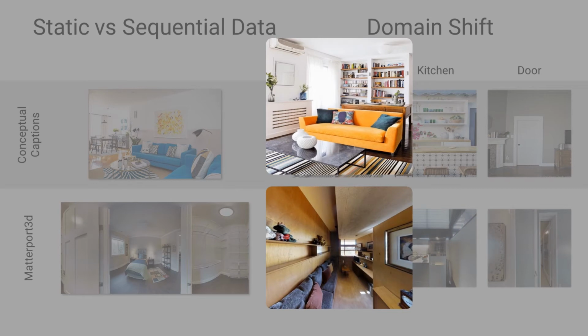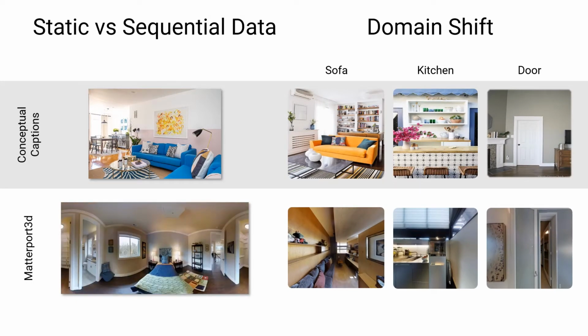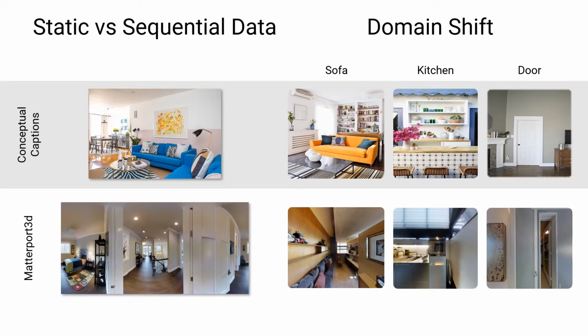Typically, when an internet image caption mentions a couch, the couch is in full view. In contrast, in VLN, the viewpoints are determined by the navigation path, so agents need to recognize couches at these kind of skewed angles.